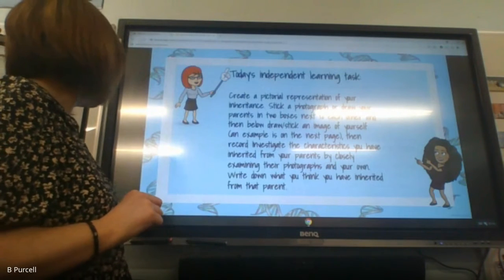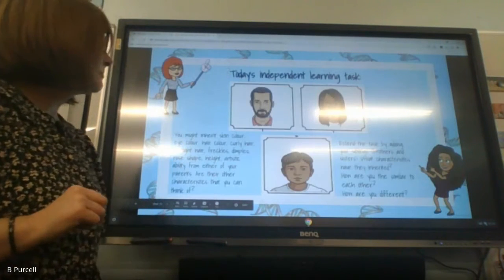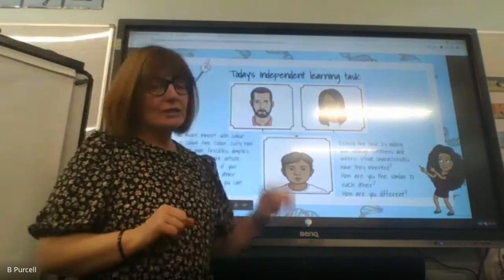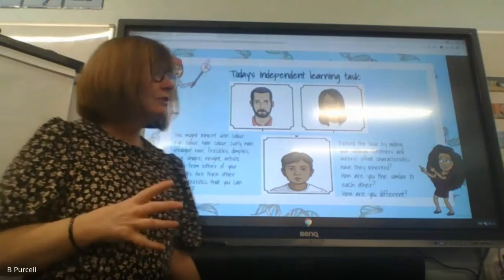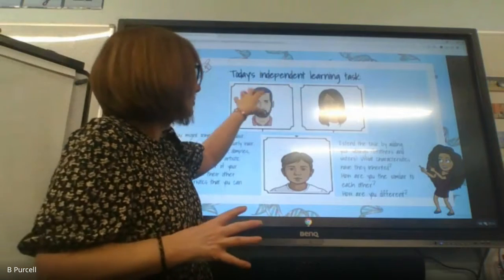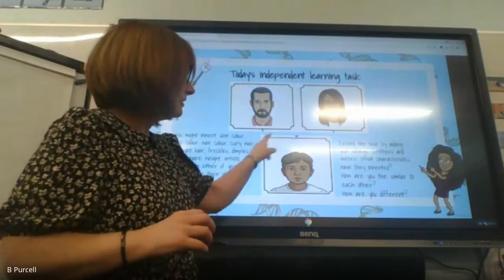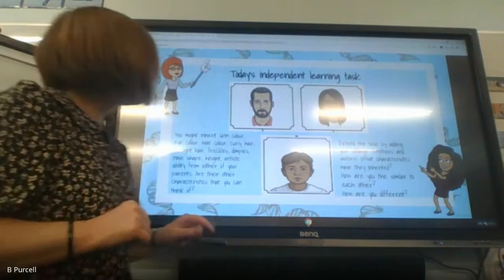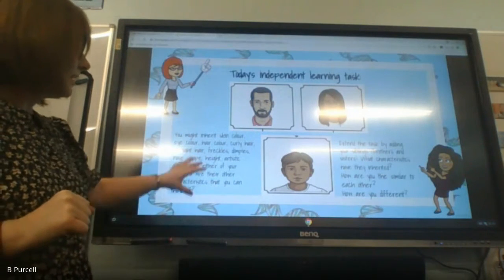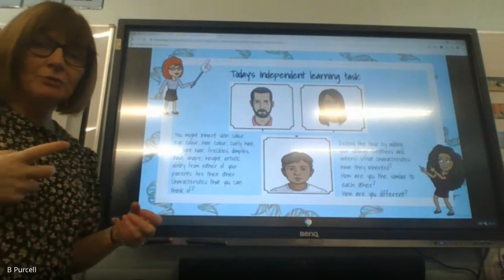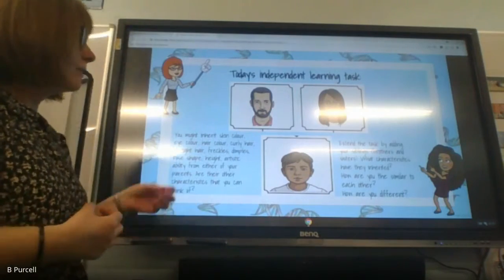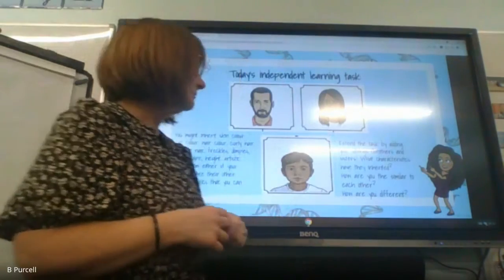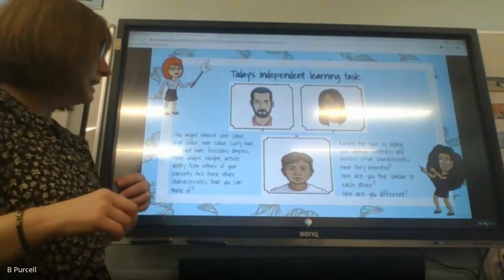So on the next slide, I have an example of what your task can look like. You can have a photograph or an image of both your parents and underneath an image of yourself. And then you might write what you have inherited from your father and then what you've inherited from your mother, the characteristics you've inherited.